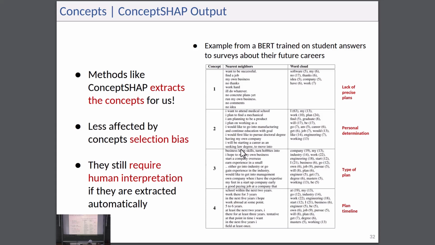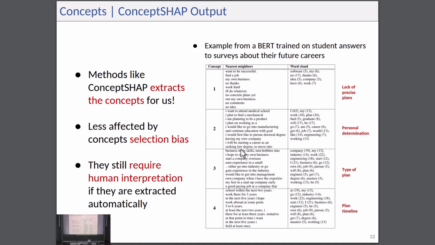So this actually comes from a paper in which they looked at student surveys, where students in American colleges had to fill out questions about their background, their interests, what they want to do and so on, and they were trying to predict what the students would actually do after college.